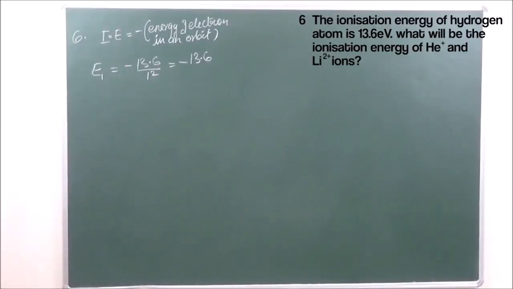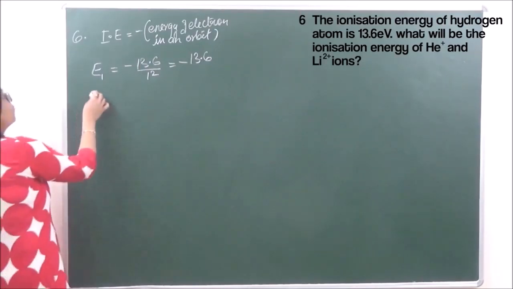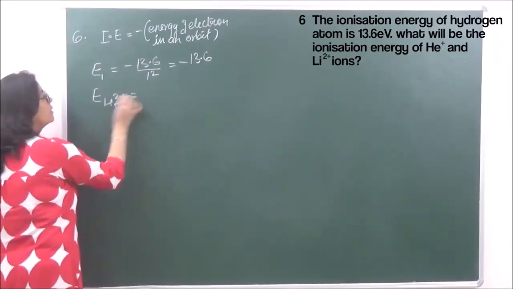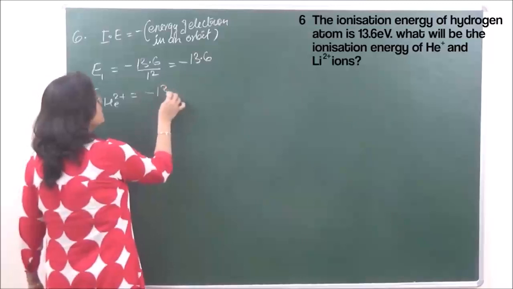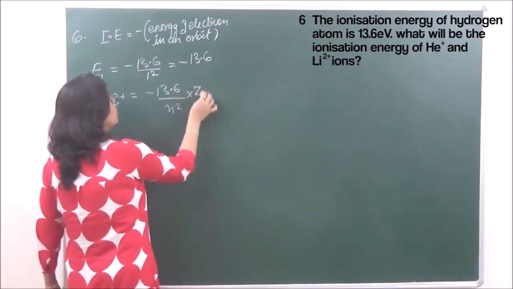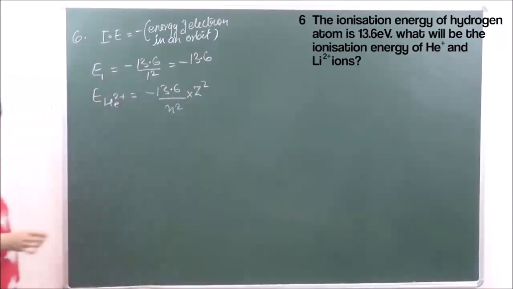In a similar manner, for the energy of the first orbit of helium, the formula is minus 13.6 upon n square into z square.